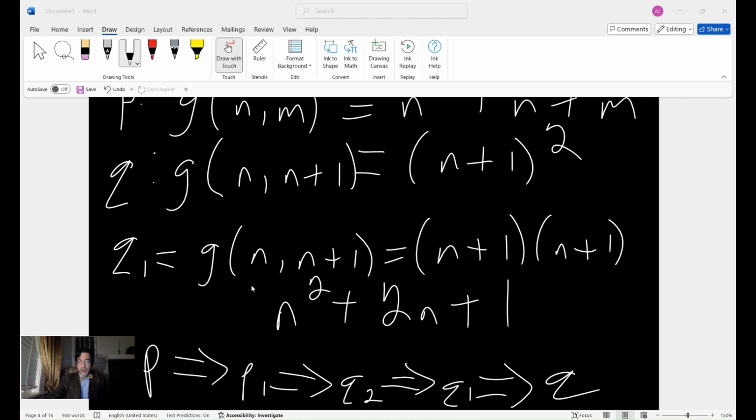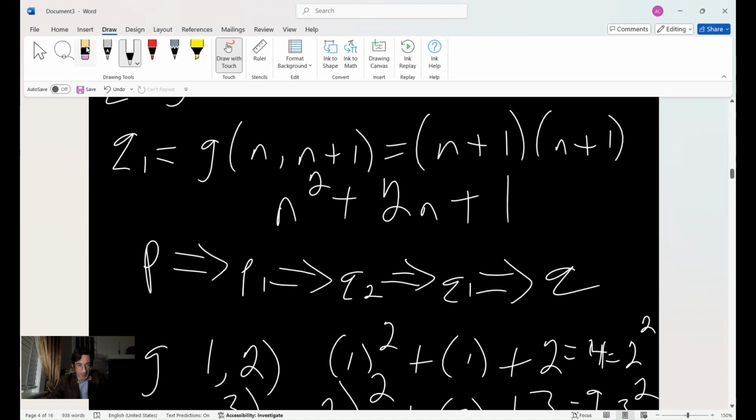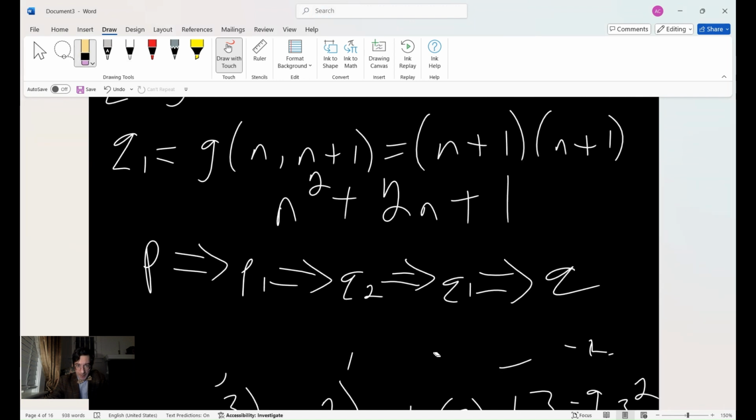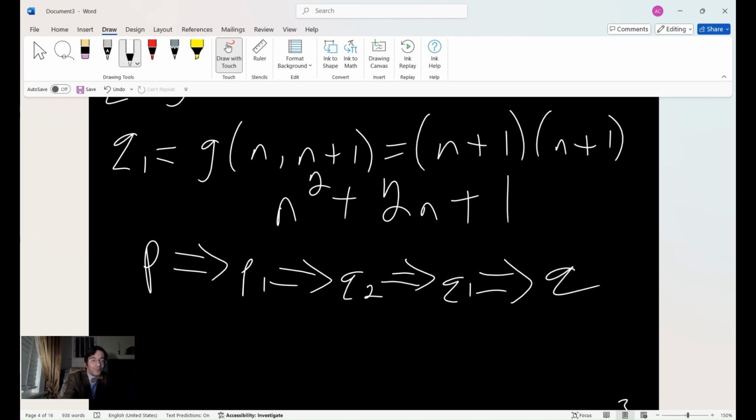Now, the contrapositive is often written with looks sort of like that, which means that not Q implies not P.